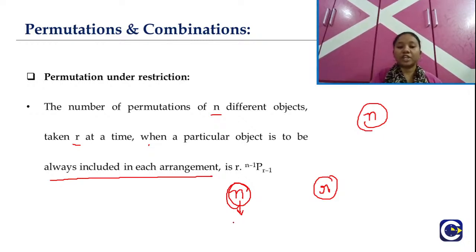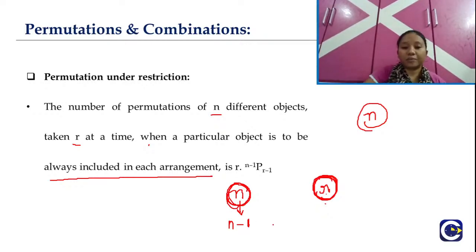So as it has to be included, I'll just eliminate that one object. And I'll eliminate it from this r taken as well, because whatever I'm selecting here as r, one object I have already selected from this n.